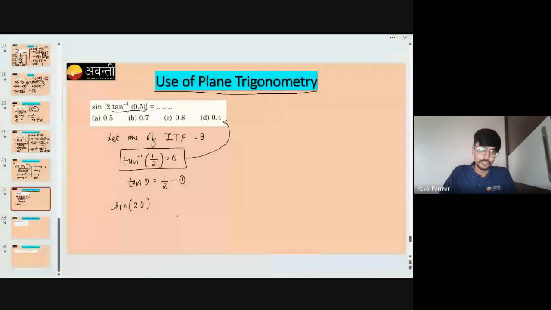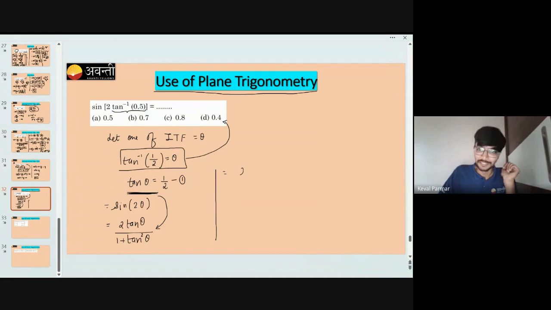Now, if you know the multiple angle formula of sine 2 theta, it is 2 tan theta upon 1 plus tan square theta. And to your surprise, we know the value of tan theta. So we just need to substitute it here and we get our answer. My answer will be 2 into tan theta upon 1 plus square, means 1 plus 1 by 4. It will get cancelled. So I get 1 upon 5 by 4, which is equal to 4 upon 5.